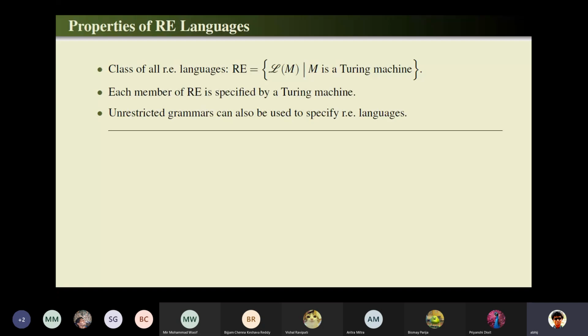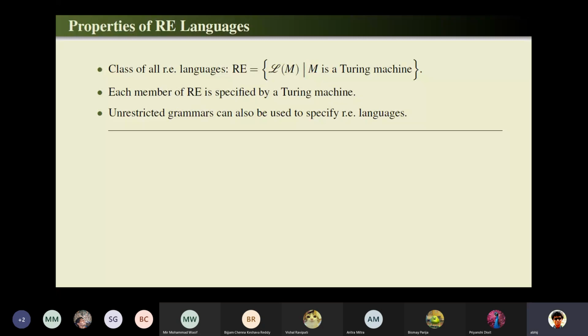As we have done earlier, one way of specifying regular languages is by proposing a DFA whose language is that regular language, or by an NFA, or by an epsilon NFA, or by a regular grammar, or for that matter, a regular expression. Here we have two choices. One possibility is by giving a Turing machine whose language is that RE language. Another possibility, which we have seen is equivalent, is an unrestricted grammar.